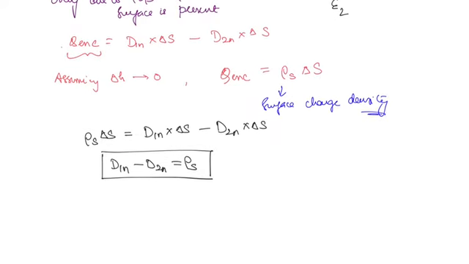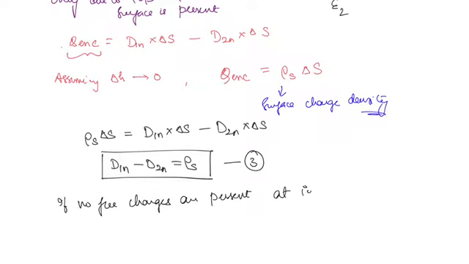This is the third boundary condition, and if no free charges are present at the interface, then what will rho S be? This will be equal to 0. In that case d1n will be equal to d2n.